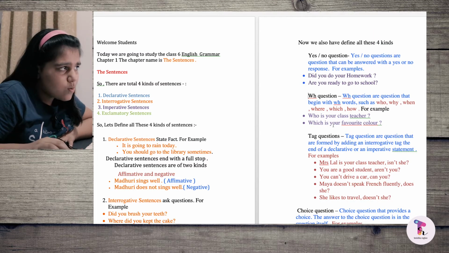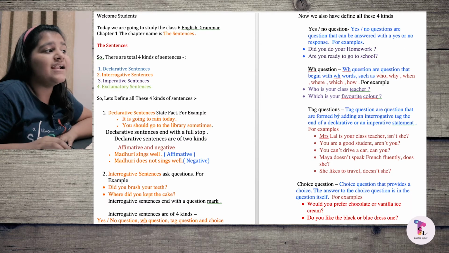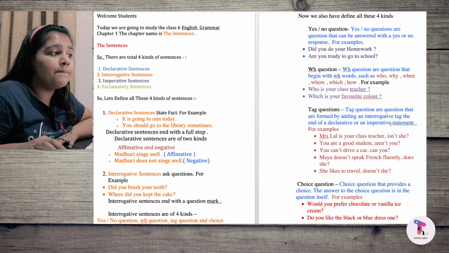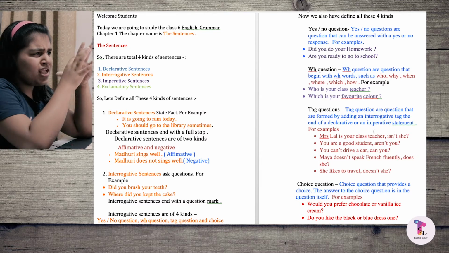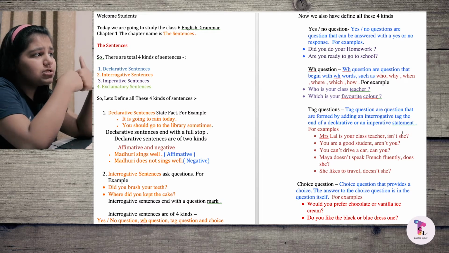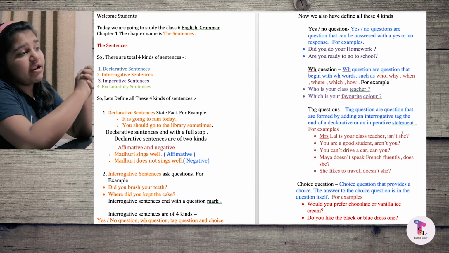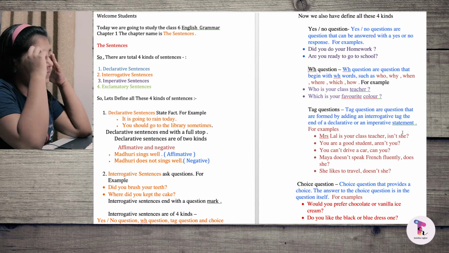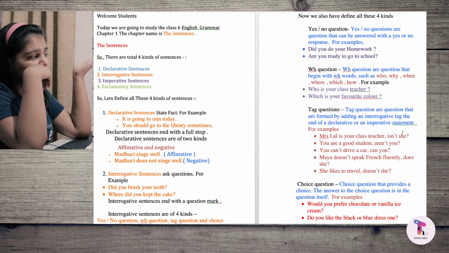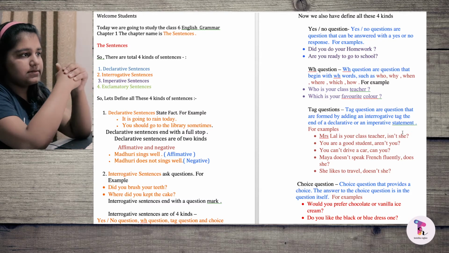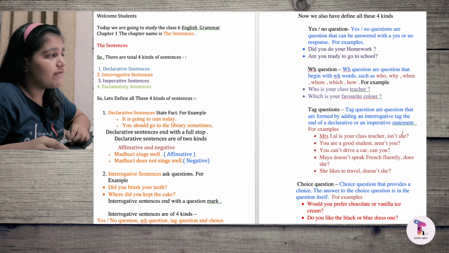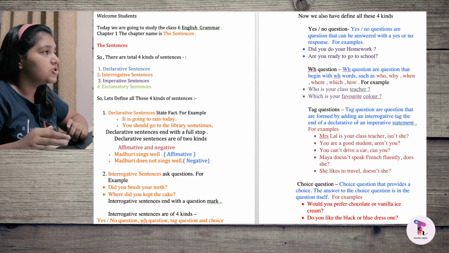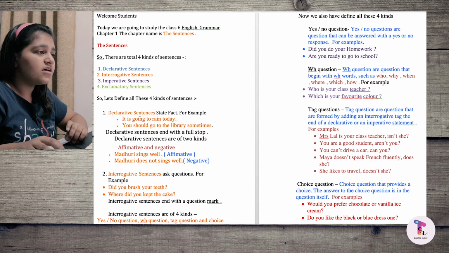Okay. Tag questions. Tag questions are questions that are formed by adding an interrogative tag at the end of a declarative or an imperative statement. As you know, we have discussed interrogative sentences as questions, and we have even discussed declarative sentences, which state facts.